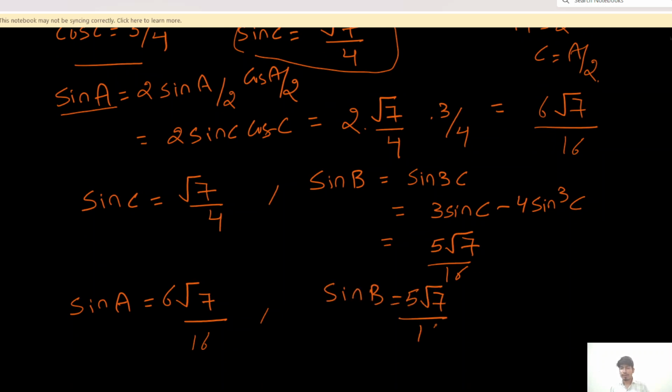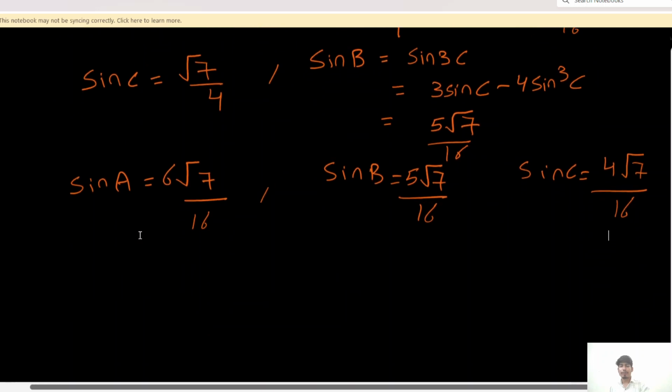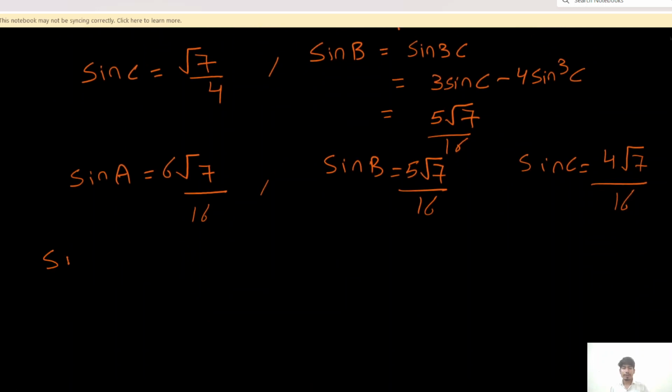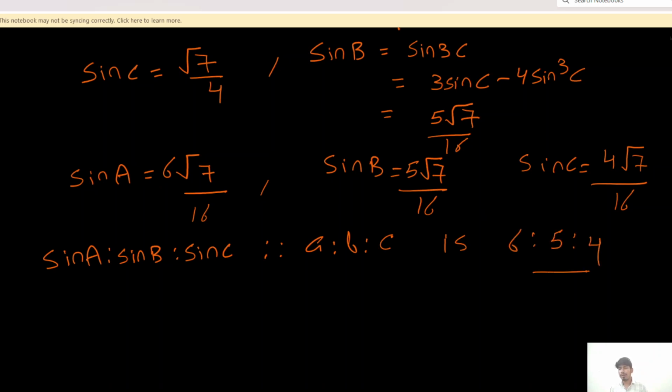Then sine C is root 7 upon 4, if we multiply by 4 and divide by 4, this becomes 4 root 7 upon 16. The question asked for A ratio B ratio C. Then sine A ratio sine B ratio sine C is equivalent to A ratio B ratio C. Taking root 7 upon 16 common, this becomes 6 ratio 5 ratio 4. So this is the solution of this question.